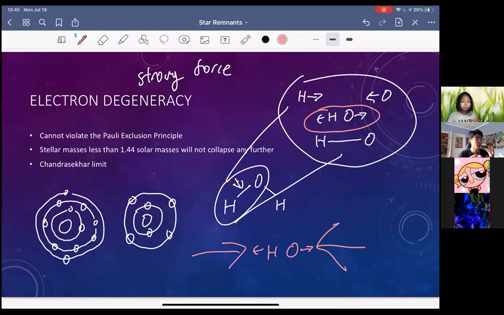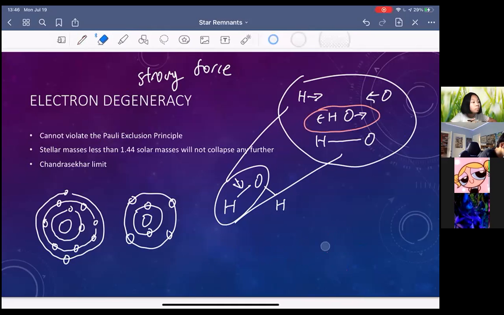And inside a white dwarf, that's what's going on. Gravity is so strong and it's so dense that it's overcoming the strong force and pushing these two atoms together. What happens is these atoms get pushed so close together that the atoms now look like this.